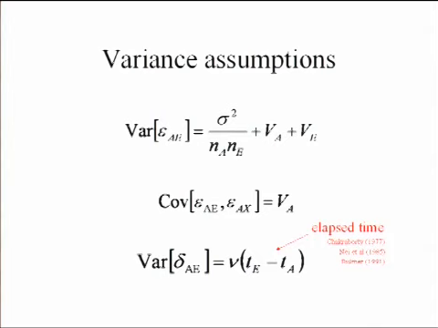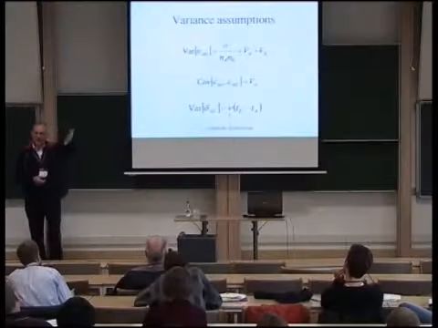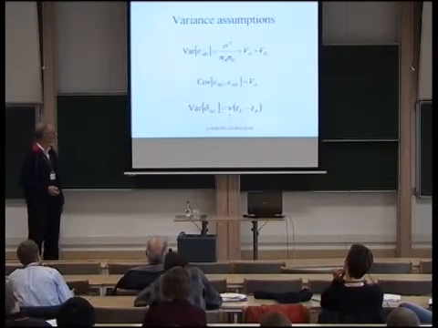It's a natural thing, and I think it's kind of inevitable that you come to that kind of conclusion. If not proportionality, some other functional form, maybe exponential, and we can deal with that too. I've just done it here simply for simplicity's sake, assume it's linear. And this thing here controls distortion. Sorry, this is the amount of stretchiness in a branch that relates the time tree to the divergence tree.